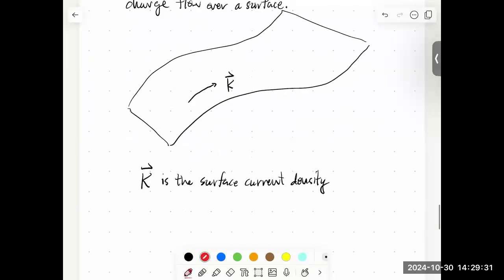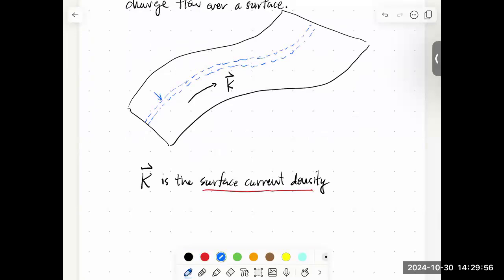And so what we'd like to do is figure out what are the analogous relationships for the surface current density. The way we're going to do it is, let's imagine we take this surface and we cut it up into little ribbons. And then each ribbon is kind of like a wire that's side by side. And so we already know a little bit about how to deal with currents in wires.